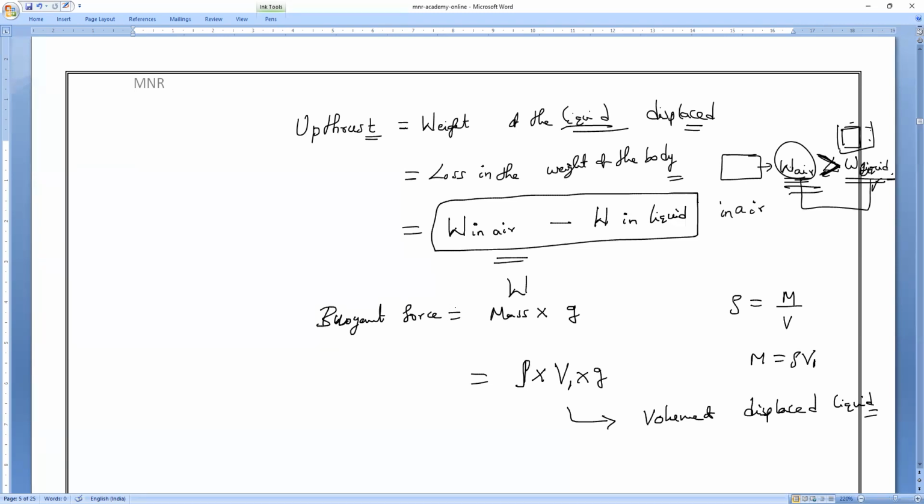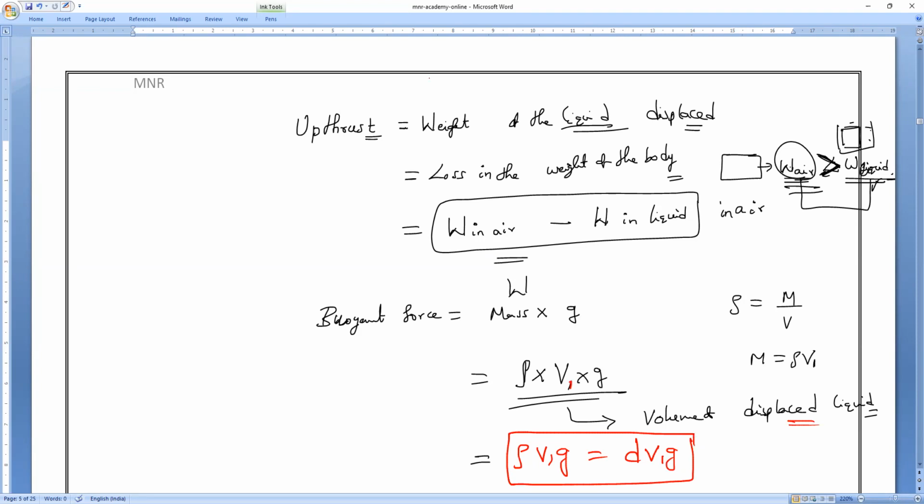So buoyancy force is equal to rho V1 g, where V1 means volume of the displaced liquid, or we can write it as d V1 g. This is the formula for buoyancy force. Last class I taught you this. Am I right, everybody? Clear, all of you? Please respond.